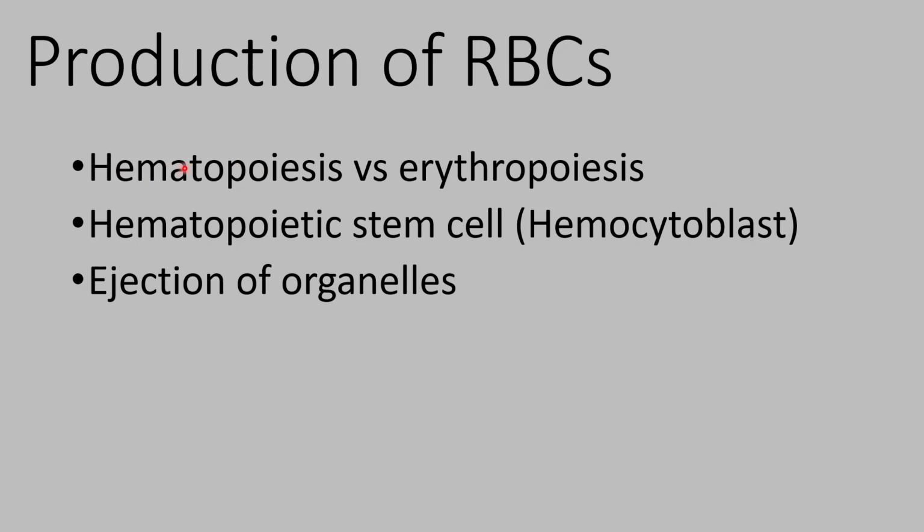Hematopoiesis takes place at the red bone marrow. So red bone marrow makes blood. Red bone marrow performs hematopoiesis. But there are different parts of hematopoiesis, just like there are different parts of the blood. So when we are making red blood cells, erythrocytes, that process is called erythropoiesis.